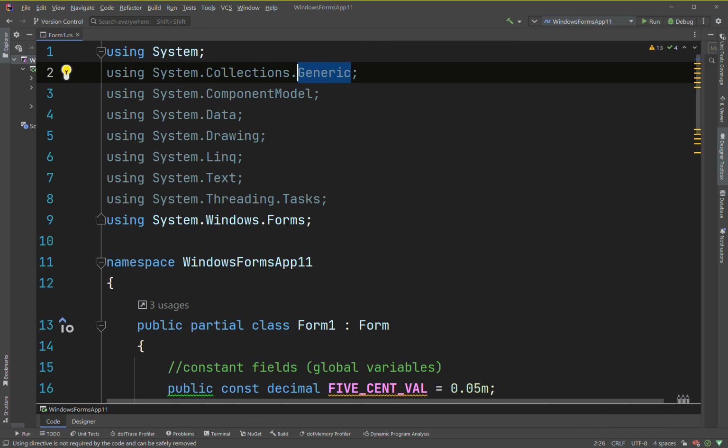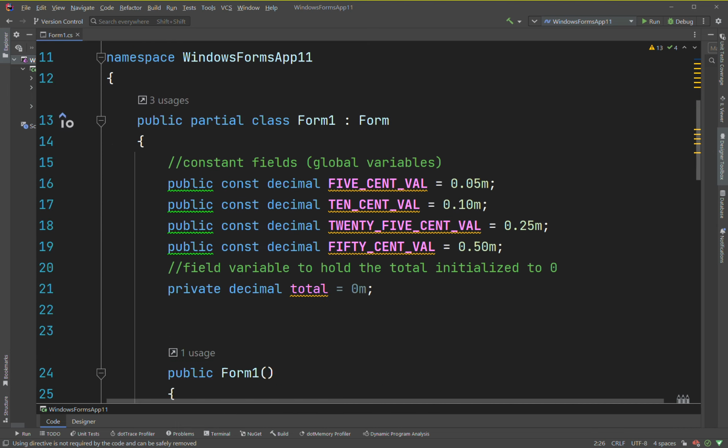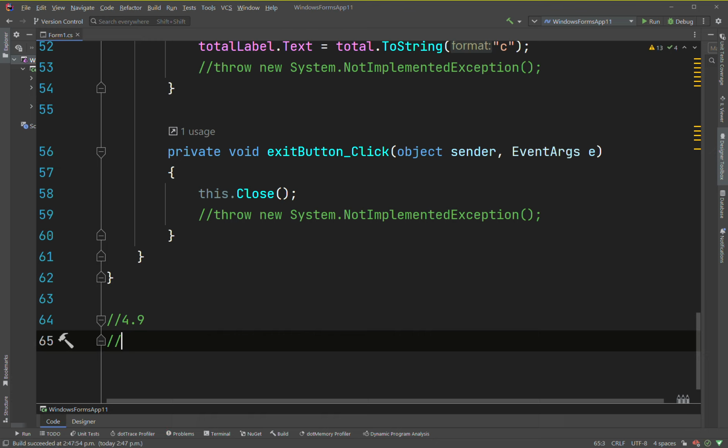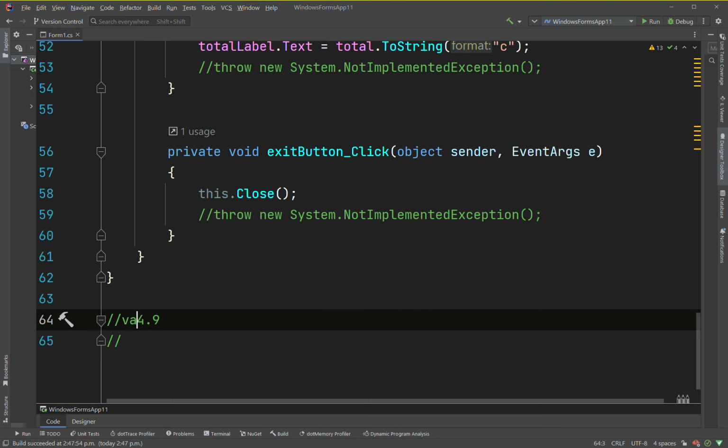So let's go to the screen for a sec. Let's do some notes down here. Say we have 4.9, and say val points to it: double val equals 4.9. Let's leave the access modifiers out.